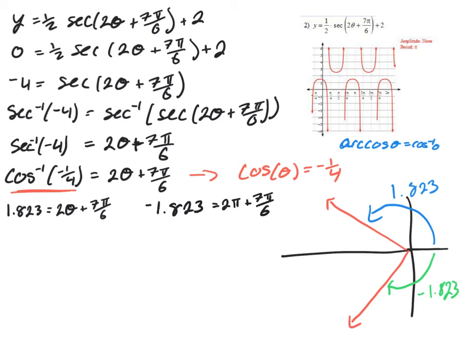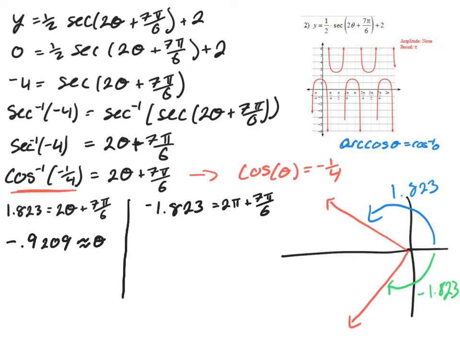So the first one, I'm going to subtract 7 pi over 6, divide both sides by 2, and we're going to get -0.9209 is about the theta value here. And I'm going to do the same, so we're solving two different things.